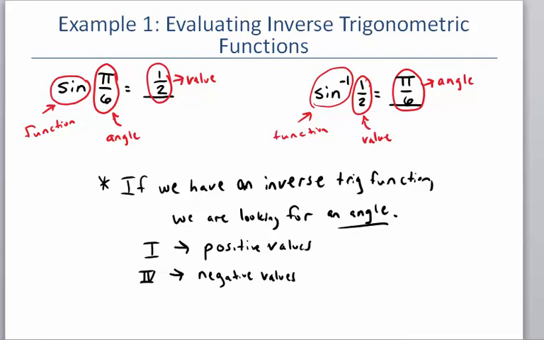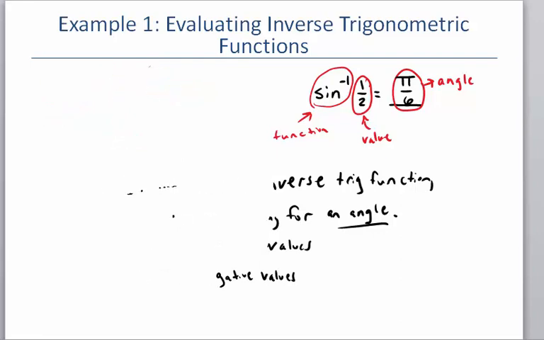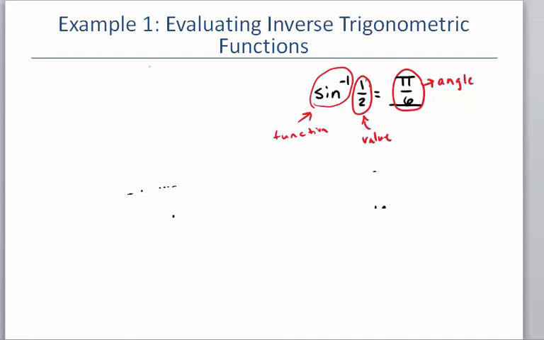Okay, so let's look at some other examples, and what we want to do here is run through as many examples as possible so that you get a feel for how these problems work. All right, so I'm going to do several for each of my trig values.